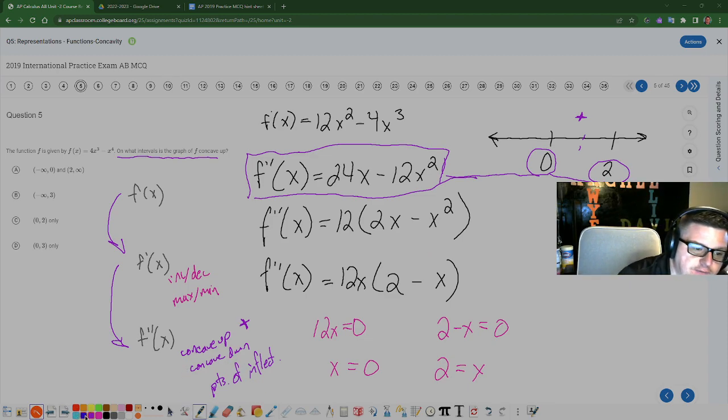Now, if I put in some huge astronomical number, let's talk about 1 million. If I put 1 million in, and I square it, I'm going to get a bigger million squared. And then I'm going to multiply it by 12, and I'm going to subtract just 1 million times 24, which is a lot, but really when we square 1 million, we're getting way up there.